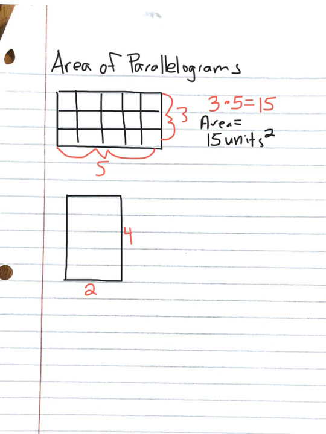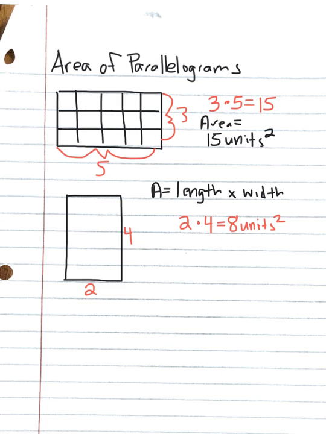One option is you could obviously draw in all of the squares, but most of us at this point have learned the formula is that area of a rectangle is equal to length times width. So in this case we could do 2 times 4, so it would be 8 units squared.